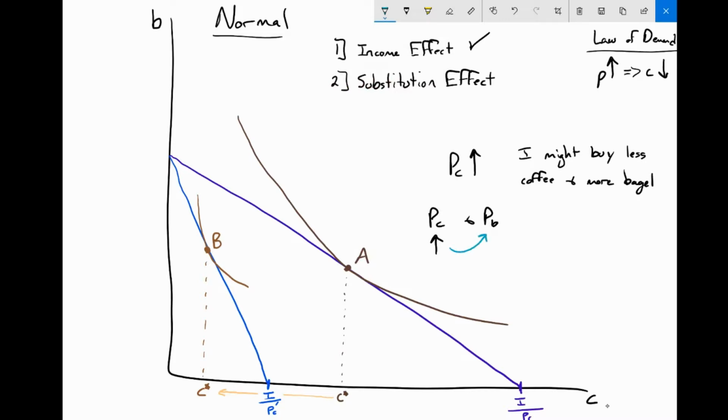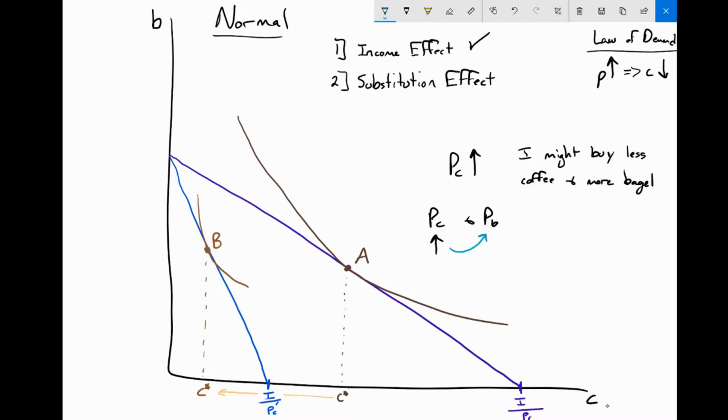I'll be inclined to purchase bundles of goods that have a greater proportion of bagels relative to coffee than I would before, because the price of coffee went up, but the price of bagels didn't. That is the substitution effect.